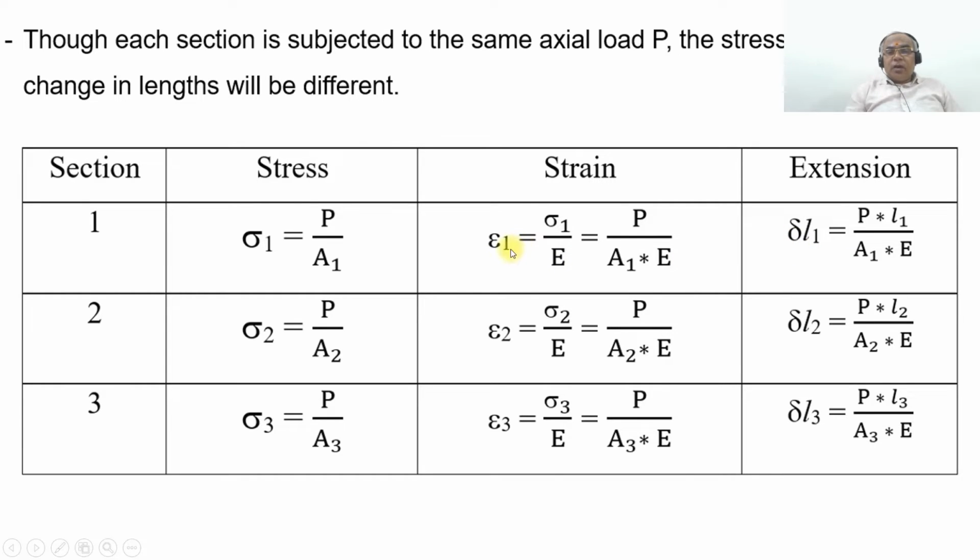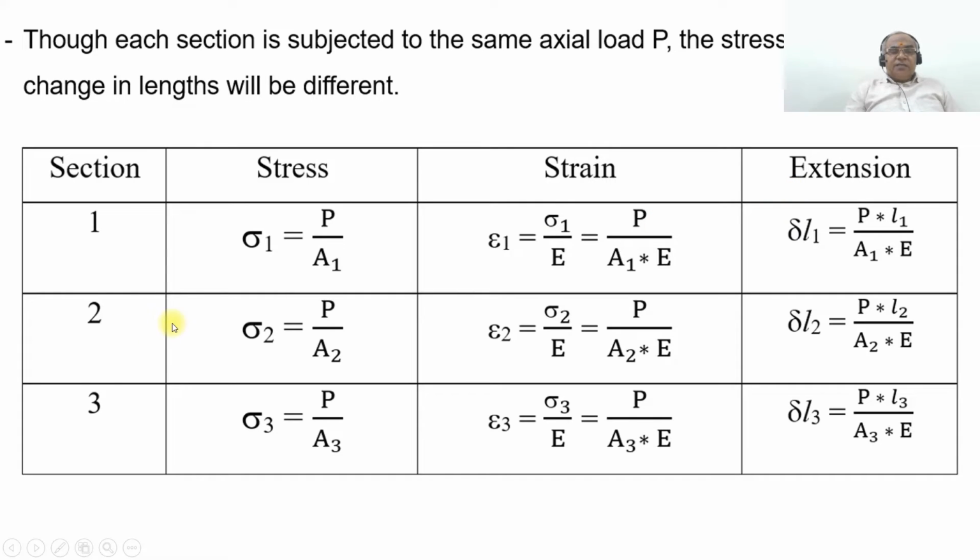So epsilon 1 equals delta L1 by L1 equals P by A1 into E. To get the extension delta L1, you cross multiply, giving P into L1 by A1 into E. That is how you get this expression.